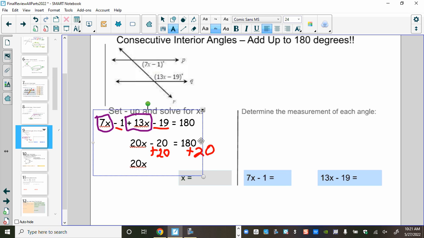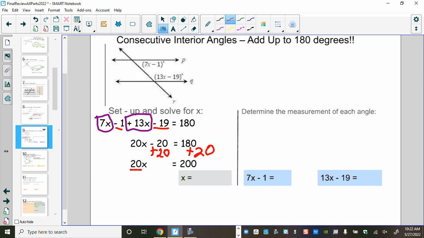Great job. x would be 10. 7x minus 1 is 69. Yep. And then the other one has to be 111. Good.